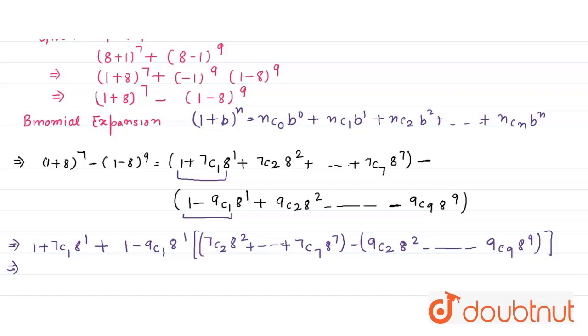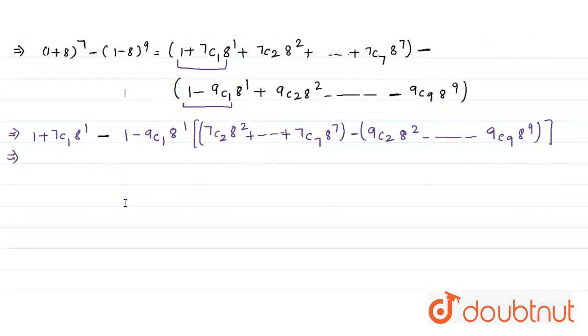Now what will it become? Now 1 will cancel out. There is a minus sign here, so let's cancel the 1. So I will have 7 into 8 plus, since it is in a bracket with a minus, plus 9 into 8, and the expression will be this.